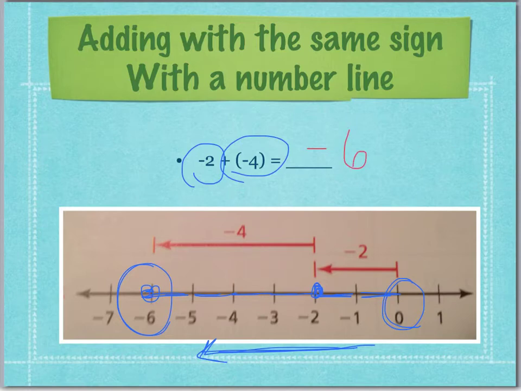And if we go back to the absolute value for this question, the absolute value of -2 is 2. And the absolute value of -4 is 4, which equals 6. And you take the common sign, which is negative, and we're going to add that to our answer.